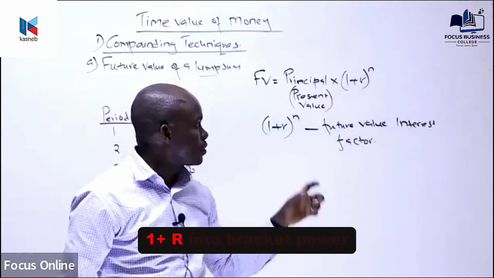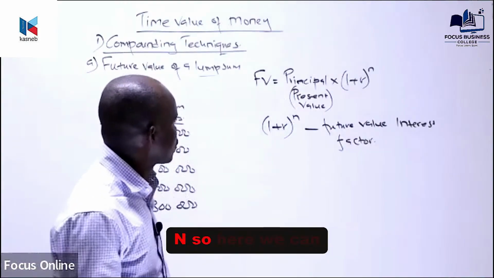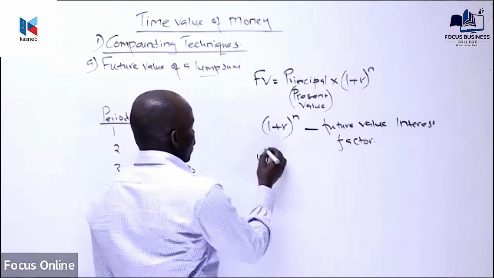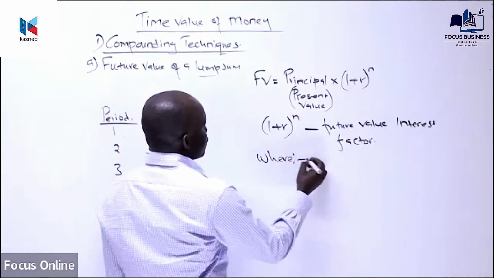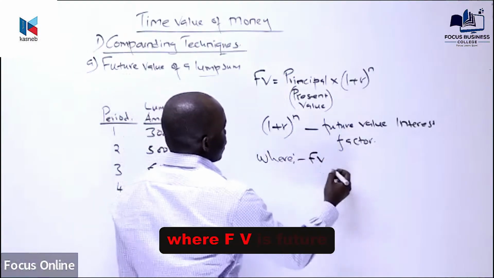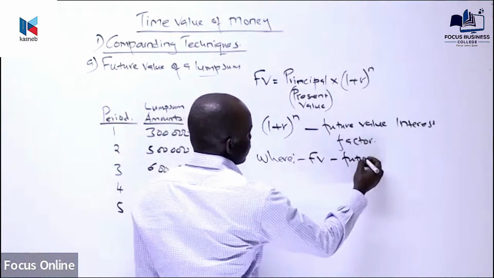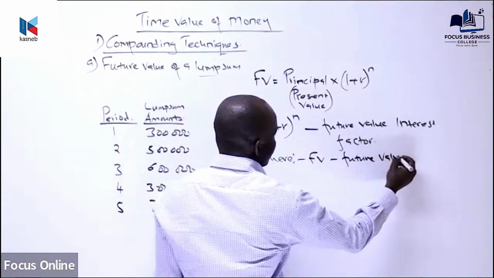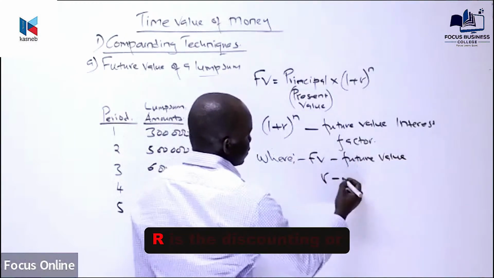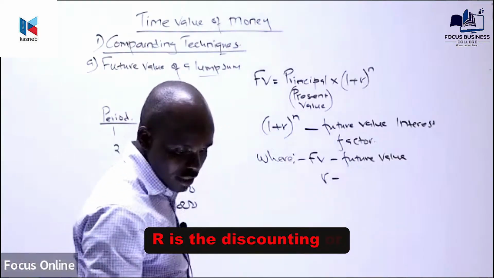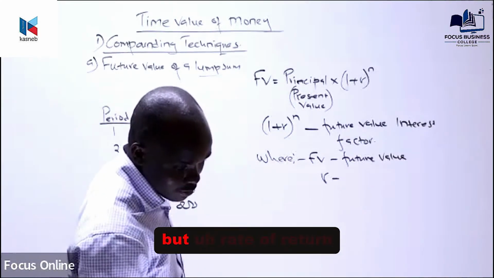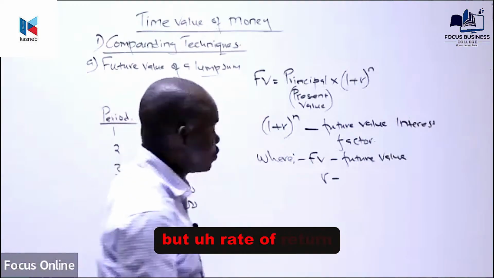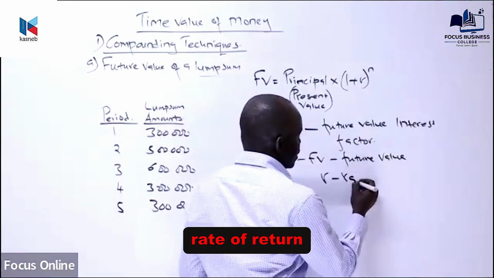So here we can say where FV is future value, R is the discounting, or not discounting rate, but rate of return.